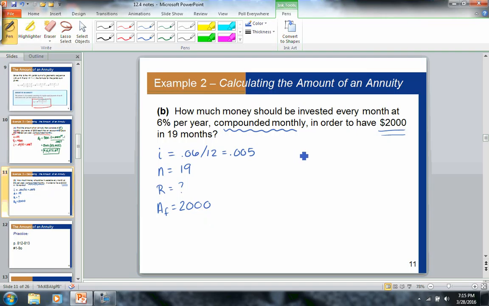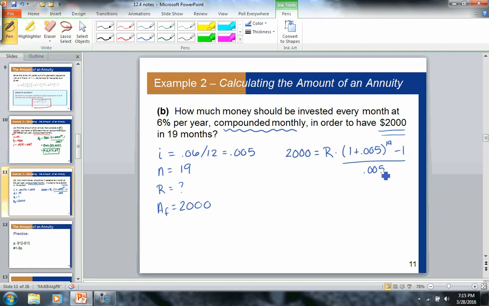So this is just a little bit trickier solving, but we're still going to substitute. We'll put the 2,000 in for A sub F. I'll leave my R value as R, and then I'll have 1 plus my interest, 0.005, to the 19th power, and then that whole thing will be minus 1 all over 0.005.